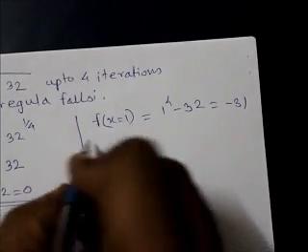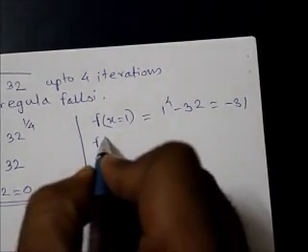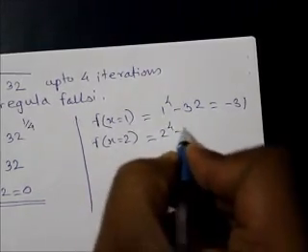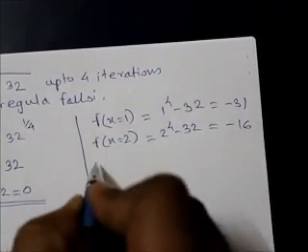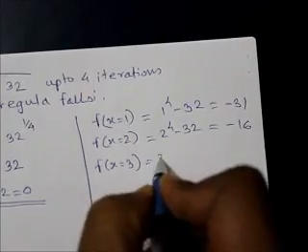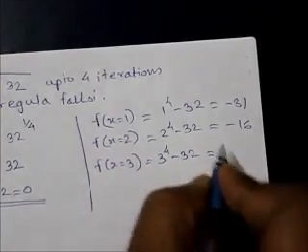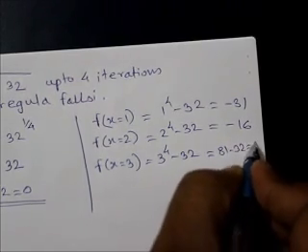What happens when x is equal to 2? That is 2 raised to 4 minus 32, which is nothing but minus 16. f(x) when x is equal to 3 is 3 raised to 4 minus 32. 3 raised to 4 is 81 minus 32, that is 49.